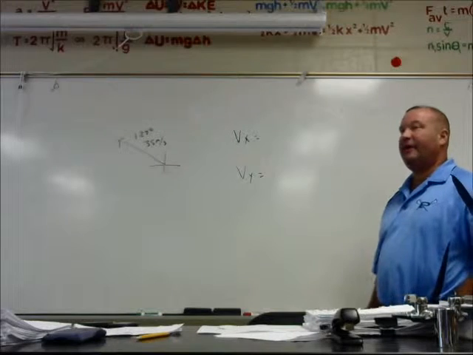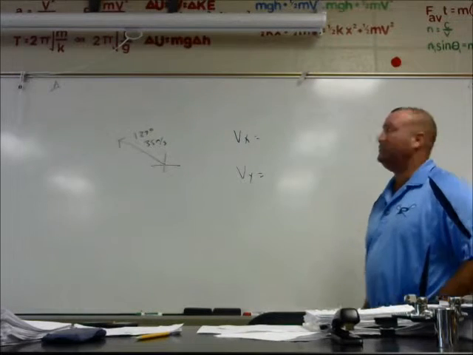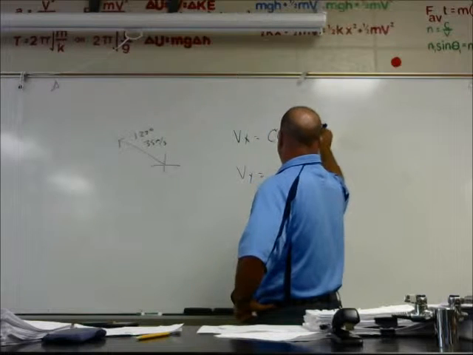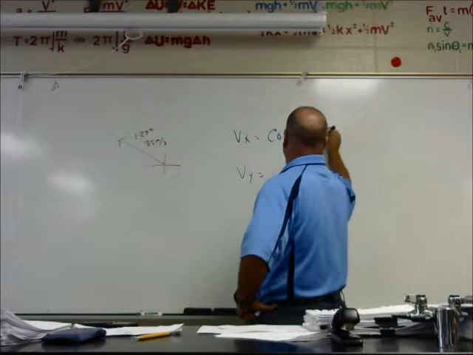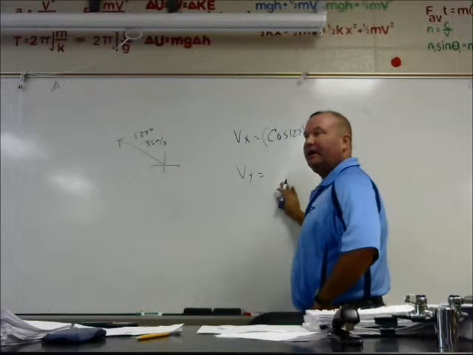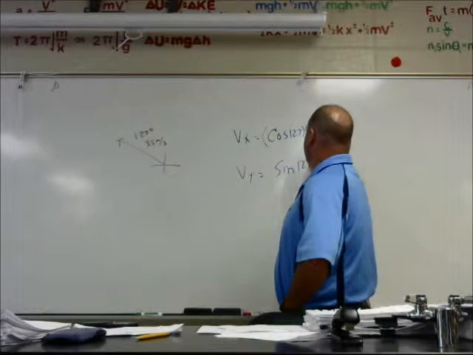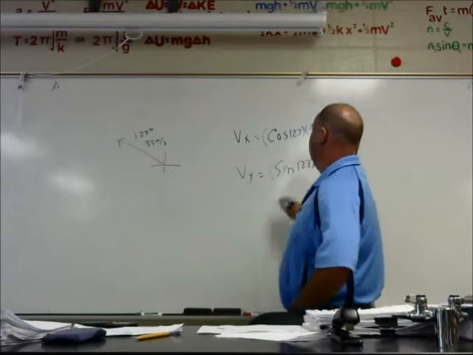How can I find the x? Cosine 127 times 35. And what about the sine, or the y? Sine 127 times 35. And what should those equal?